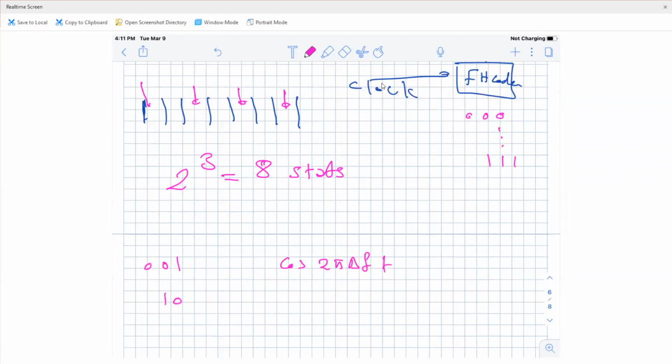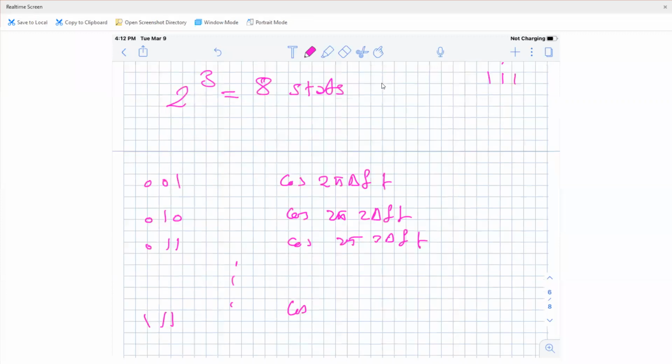If it is 010, it will be cosine 2 pi 2 delta f t. 110 will be cosine 2 pi 3 delta f t. Up to what? Up to 3 ones, which will be cosine 2 pi 7 delta f t.